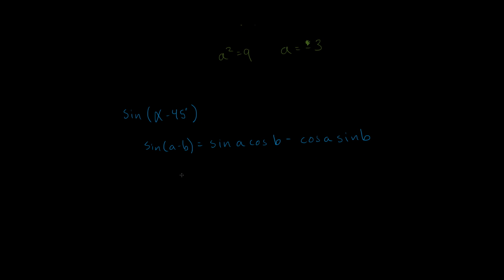We're going to have sine alpha times cosine of 45 minus cosine alpha times sine of 45.